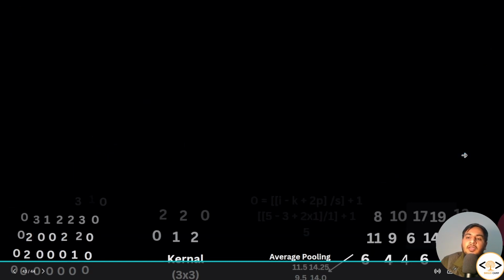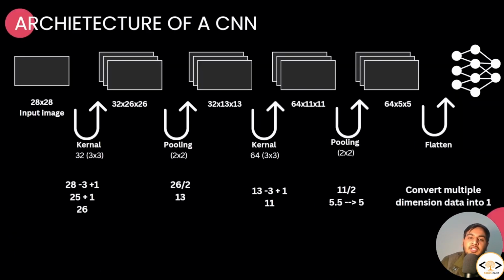Now as we know what each and every function is, let's look at this problem. We are giving an input of 28 by 28 pixels as the input image. Now we are using a kernel with filter 32, which is always constant, whichever number we give, and a 3 by 3 kernel matrix.